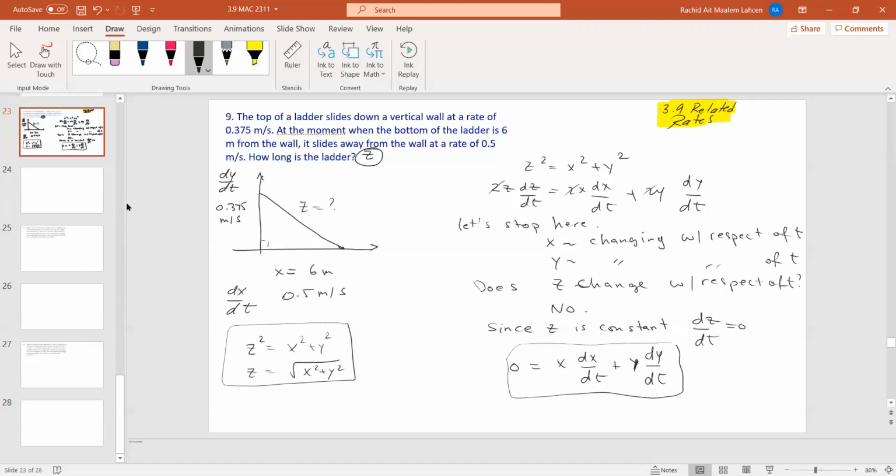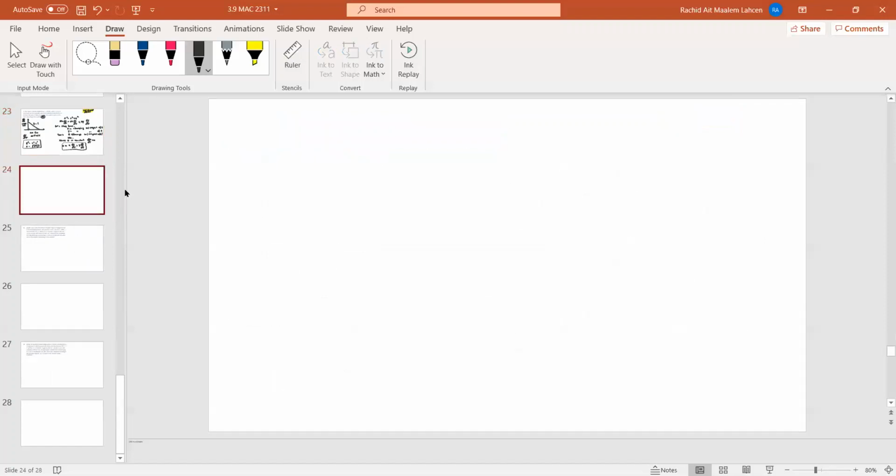All right, so we can move to the next step by solving for dy/dt, and let's go ahead and divide by y.